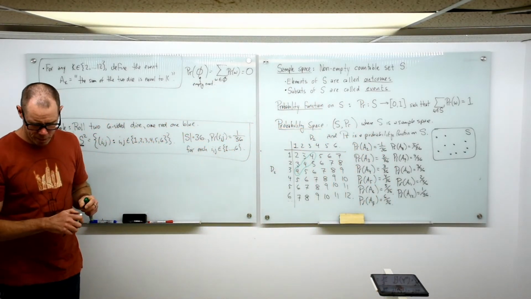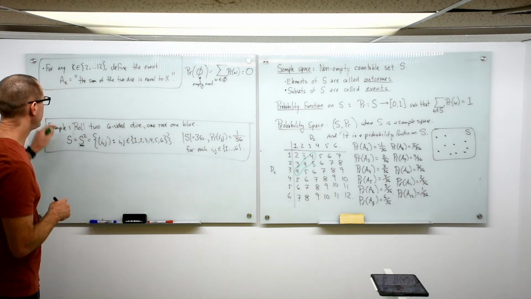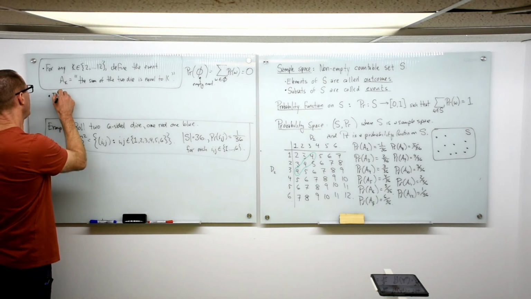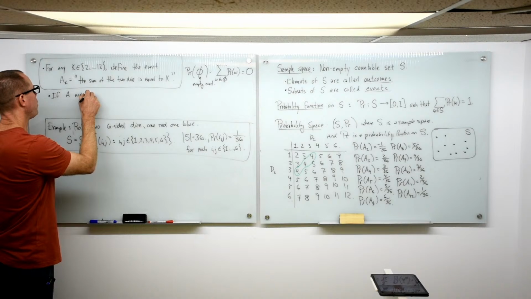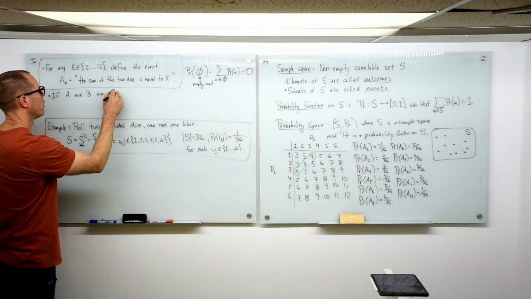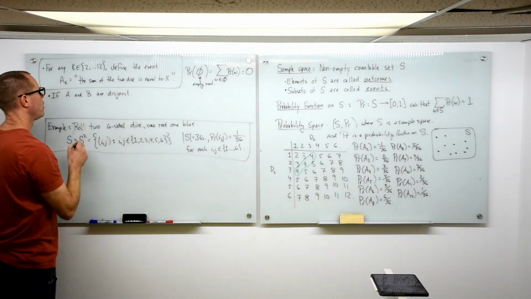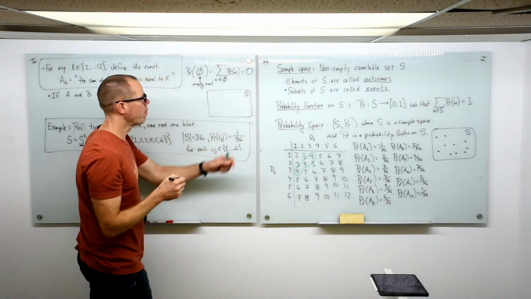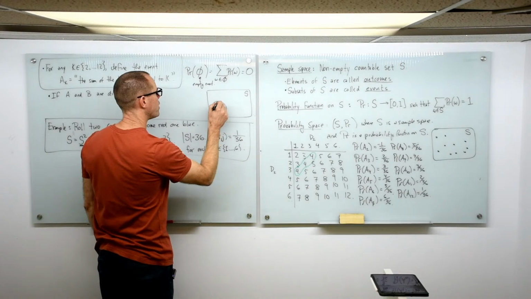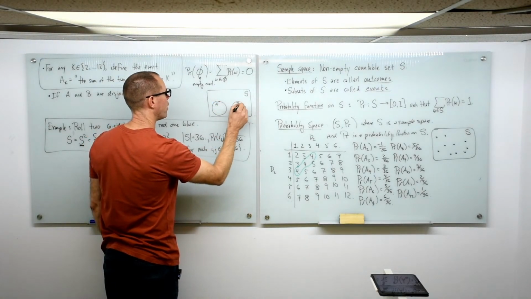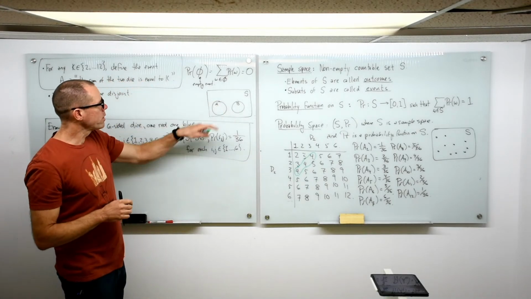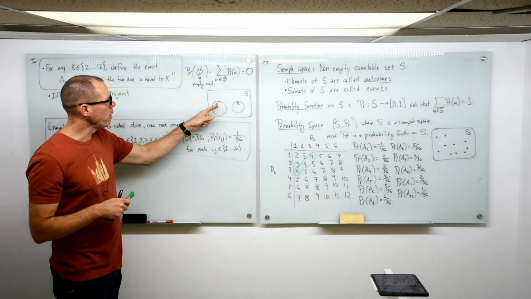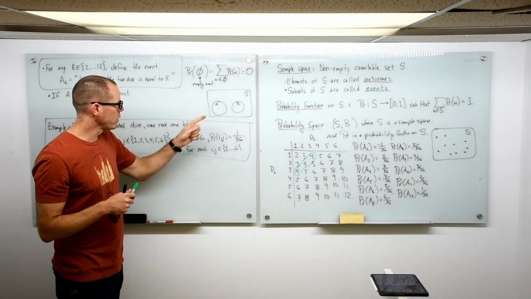But more important is the following. If A and B are disjoint, we have a sample space S, and we have 2 events, A and B, subsets of S, and if they're disjoint, so remember that's when we're talking about these things are just sets, so disjoint means they have no elements in common, just like in this picture.